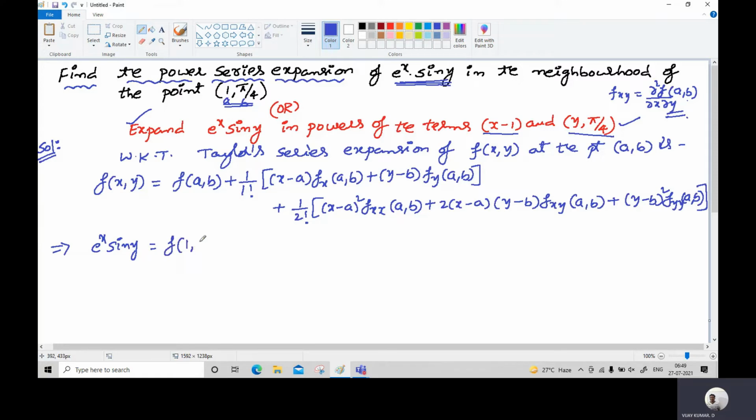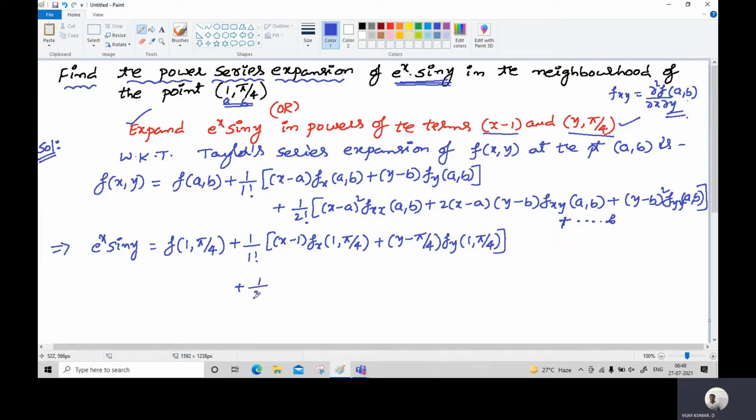So first term would be f at 1 comma pi by 4 plus 1 by 1 factorial into x minus 1 into fx at 1 comma pi by 4 plus y minus pi by 4 fy at the point 1 comma pi by 4 plus 1 by 2 factorial into this term, plus so on. Don't forget writing plus so on, because Taylor's and Maclaurin series expansions are infinite series expansions.